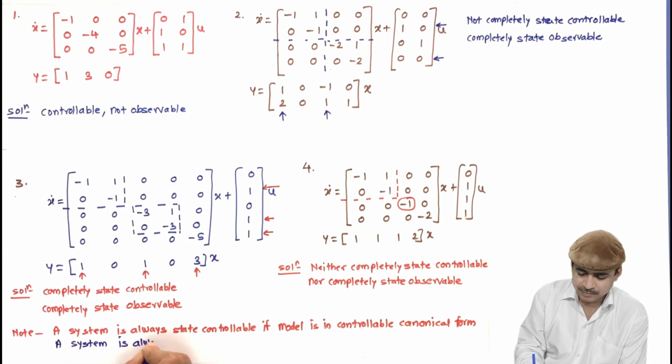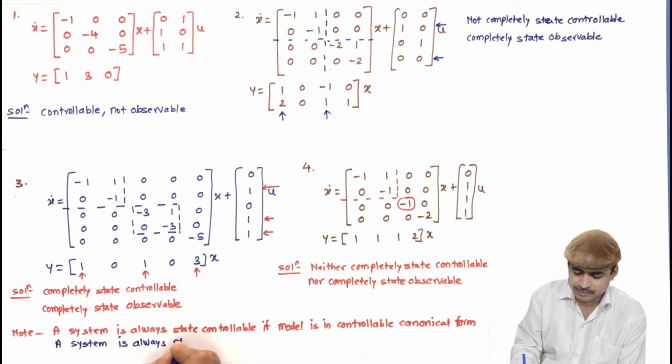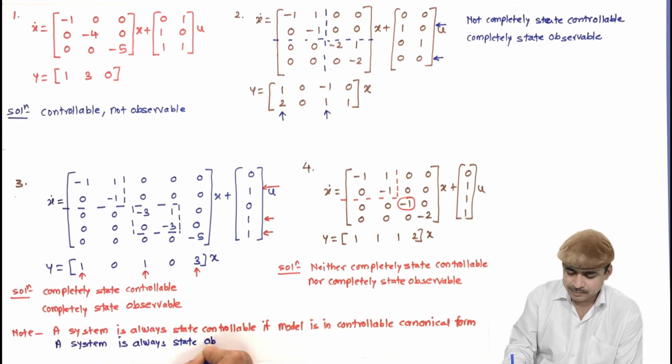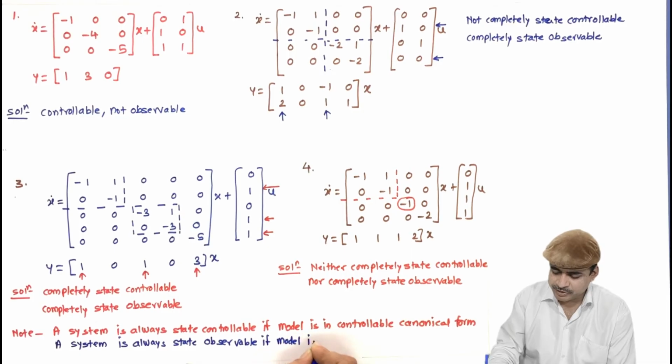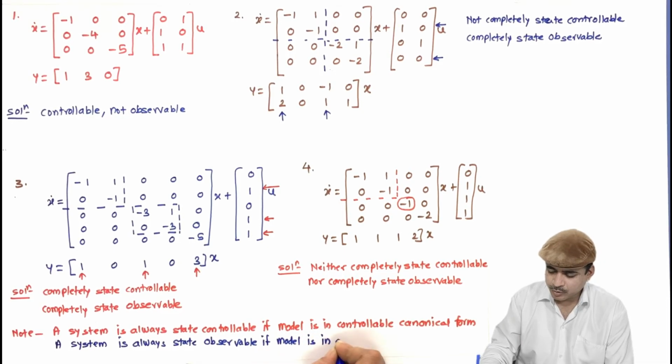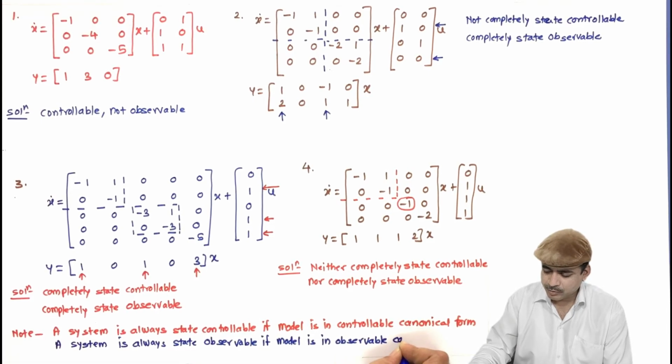And in the same way, a system is always state observable if the model, meaning the state model, is in observable canonical form.